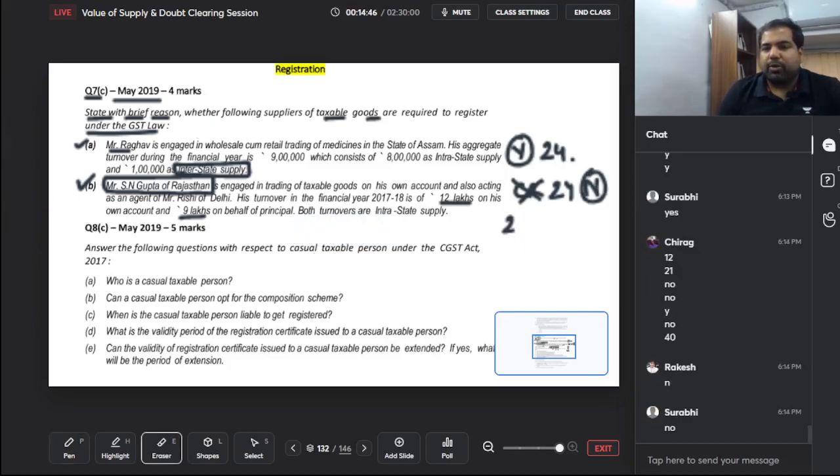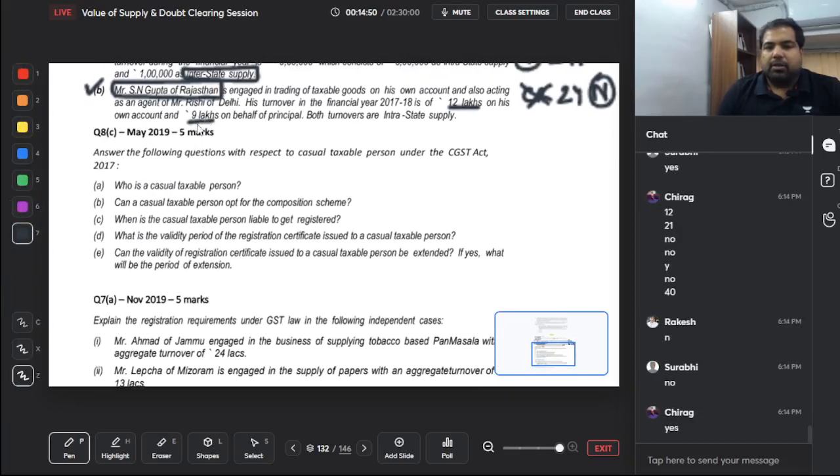Guys, these are exam questions. I hope you're understanding. Next, answer the following questions with respect to CTP. Who is a CTP, guys? A CTP is a person who is registered in one or more states in India but is temporarily wanting to make supplies from another state. Can a CTP opt for the composition scheme, guys?